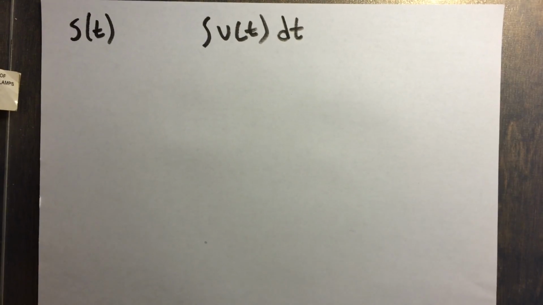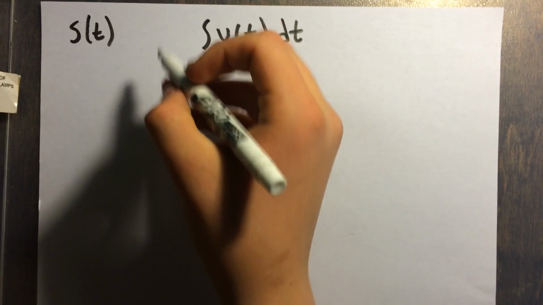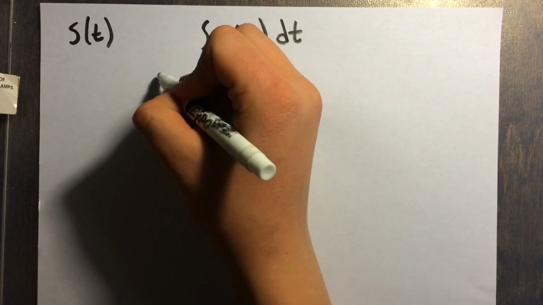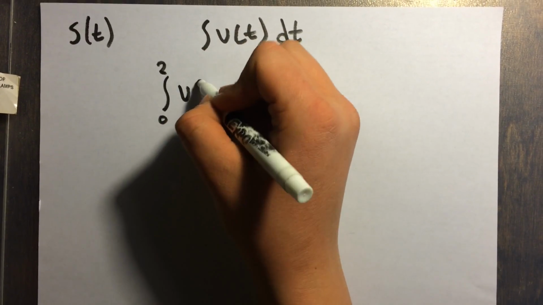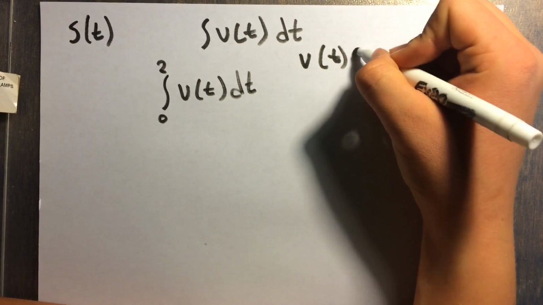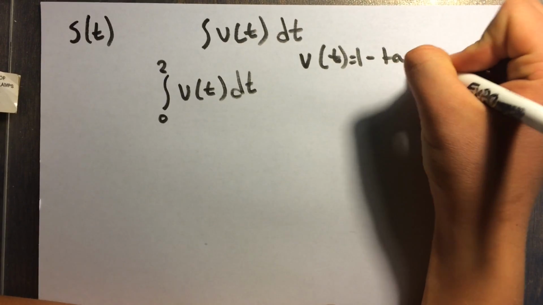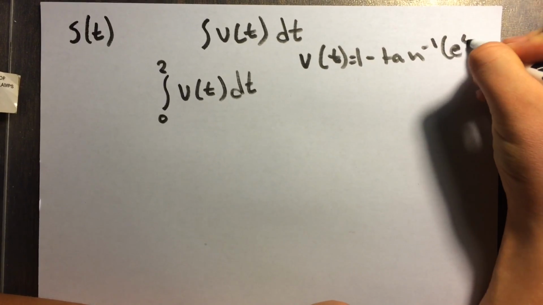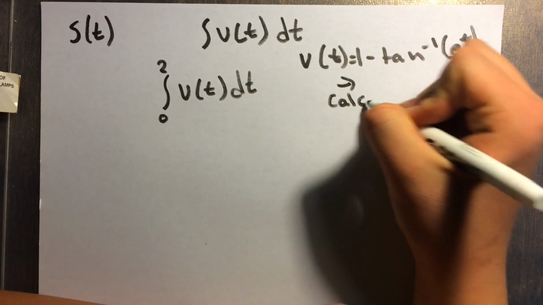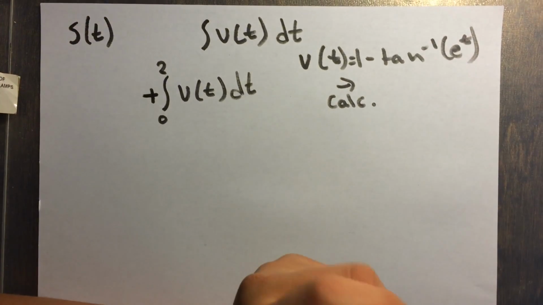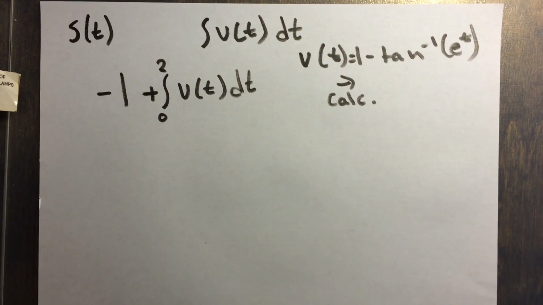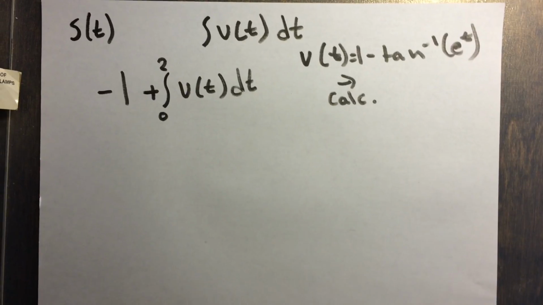Being the integral, we must integrate the function from 0 to 2. Our velocity function is 1 minus tan inverse of e to the t. This being a hard function, we must use the calculator to solve this. We must also subtract 1, as the particle starts out at the position negative 1 at time 0.